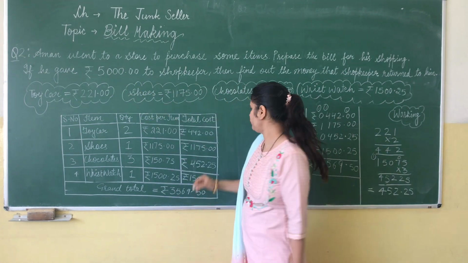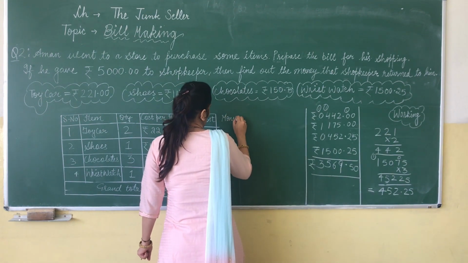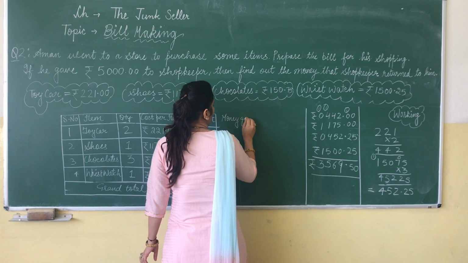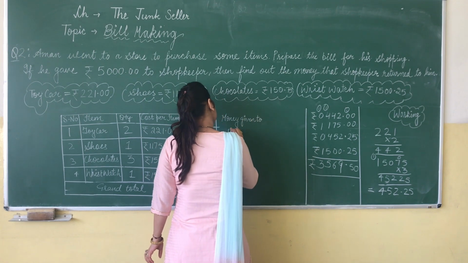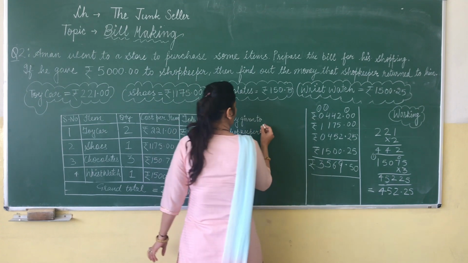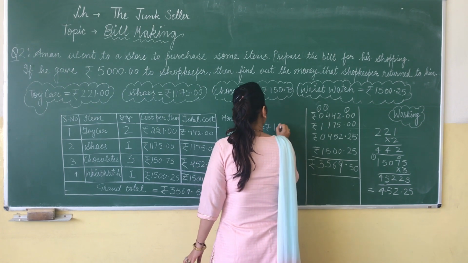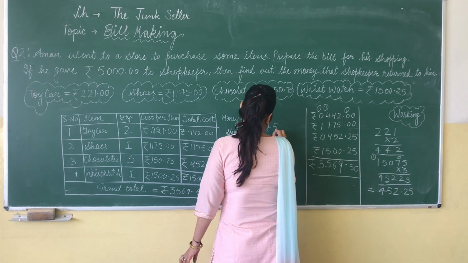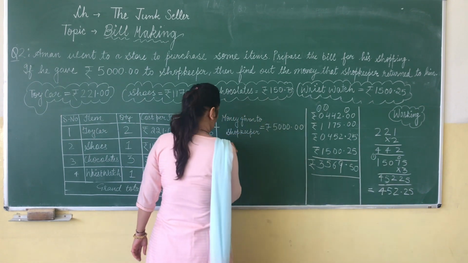So let's do it. Money given to shopkeeper, that is rupees 5,000, 0 paise.